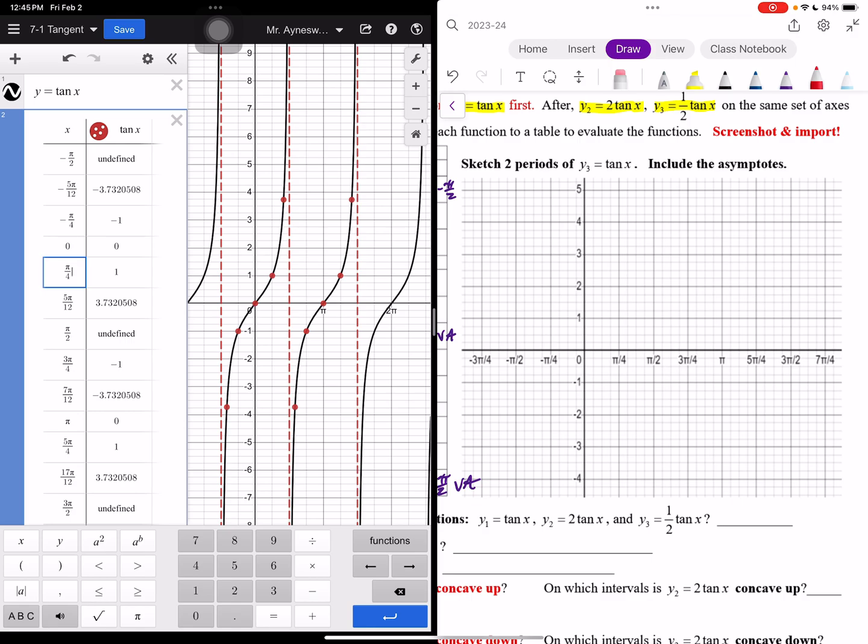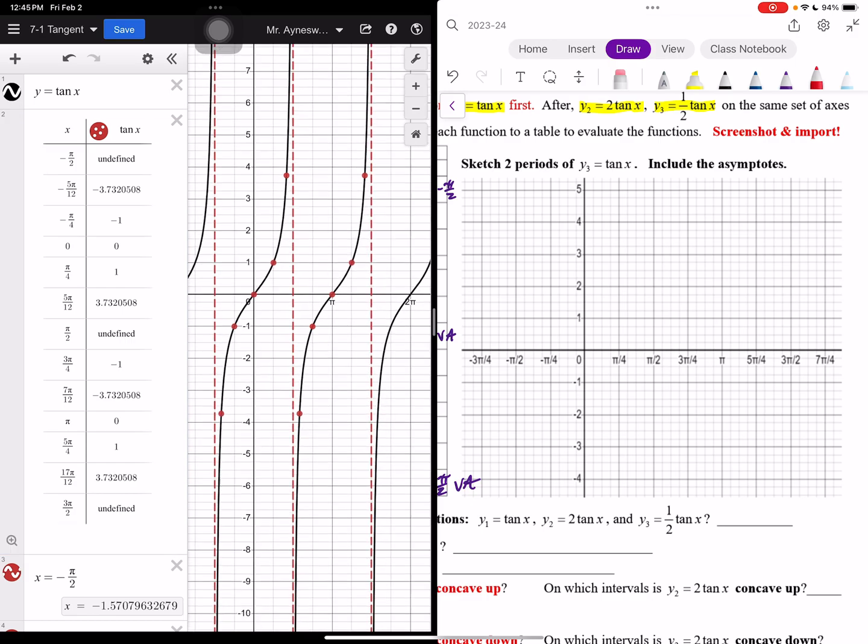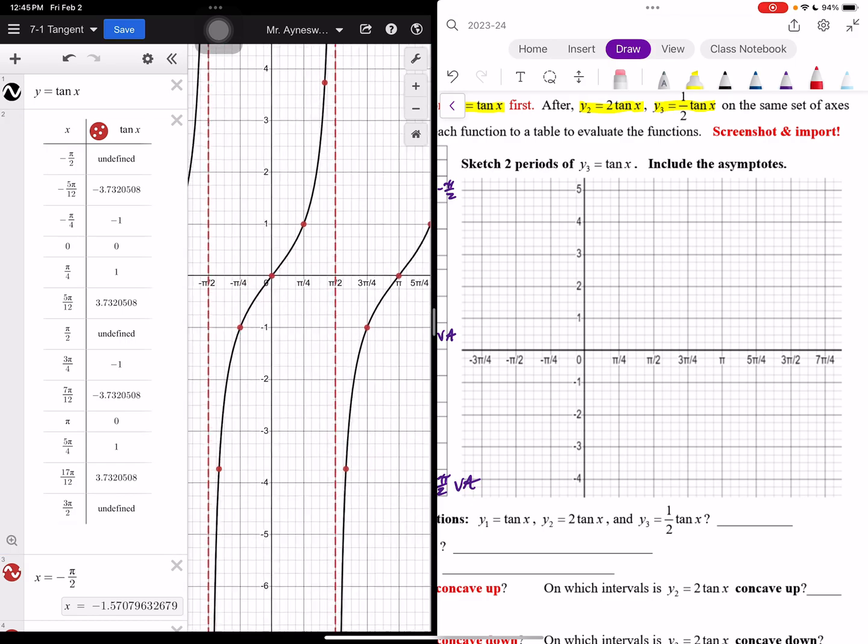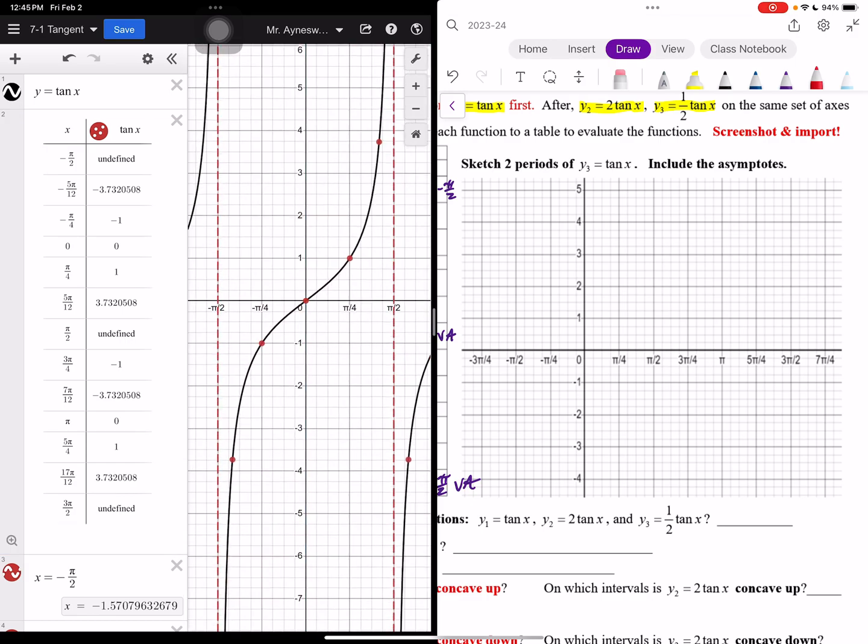So first of all, let me expand the graph here a little bit. Let's take a look at one period only here, okay, which is between negative pi halves and pi halves. So what you want to do is you want to sketch the vertical asymptotes. Okay, put them in red, so switch to red and do what I'm doing. This is x equals negative pi halves. We call that a vertical asymptote. It's guiding lines, basically.